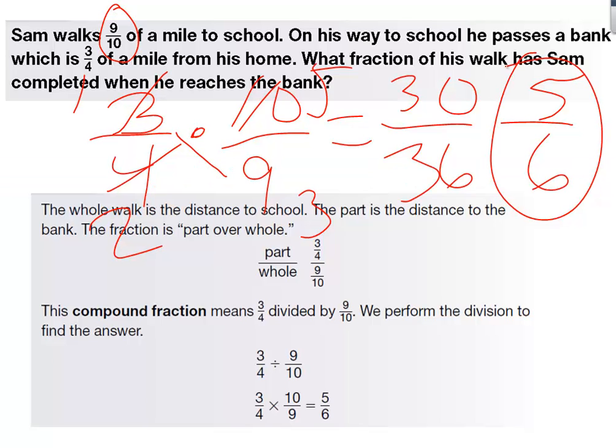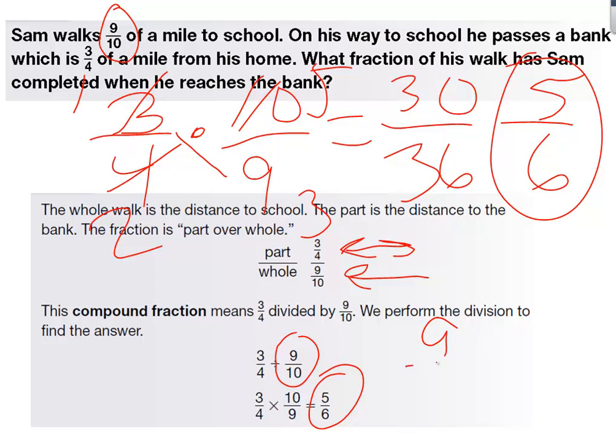Let's see if we did it right. So here's our part, 3/4. Part way he walked was 3/4, and the total distance was 9/10. So that helps us to set it up. It's important that we set it up the right way. Once we set it up the right way and we reduce it, we get our 5/6. It's very important that you figure out which is the dividend and which is the divisor, which is the part and which is the whole, so you know that you want the reciprocal of 9/10.